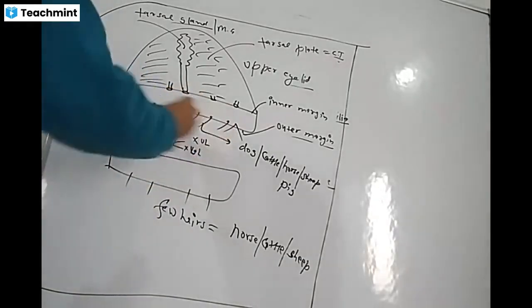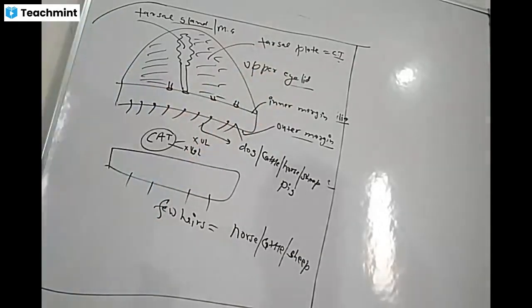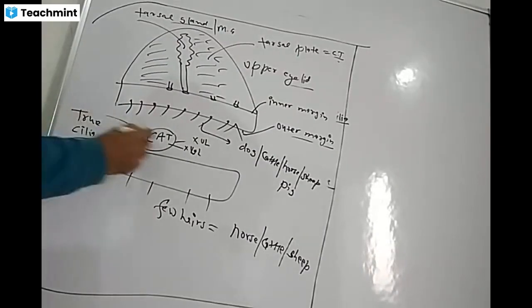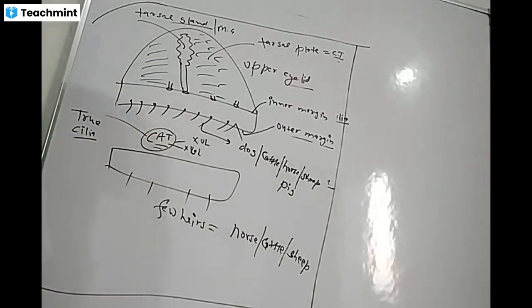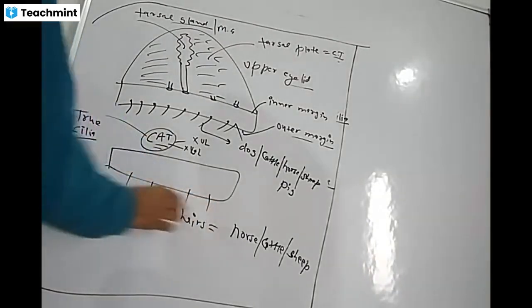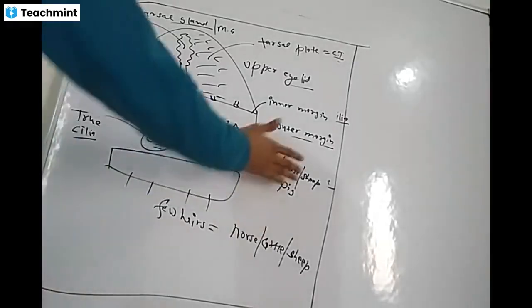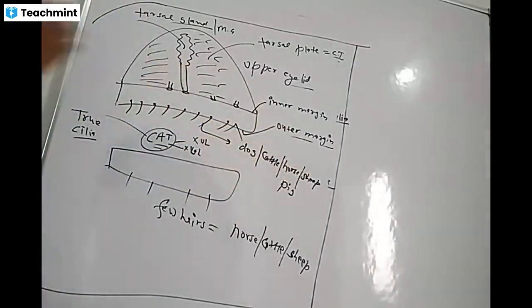There may be some modifications, but true cilia, true eyelashes, are absent in the cat. Cilia in lower lid are absent in dog. So these are the species having a good number of eyelashes in the upper eyelid.